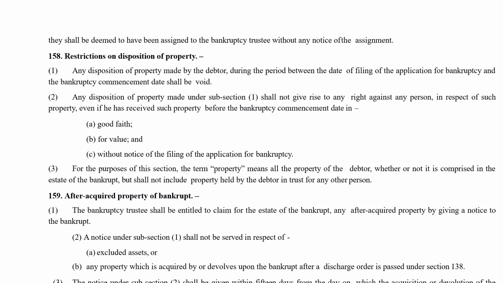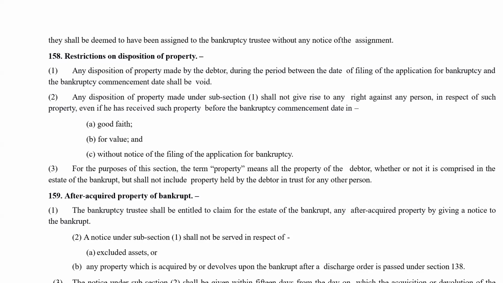Section 100 subsection 4: if the application referred to in section 94 or 95, as the case may be, is rejected by the adjudicating authority on the basis of a report submitted by the RP that the application was made with the intention to defraud his creditors or the resolution professional, the order under subsection 1 shall record that the creditor is entitled to file for a bankruptcy order. So section 100 subsection 4 takes care of this.